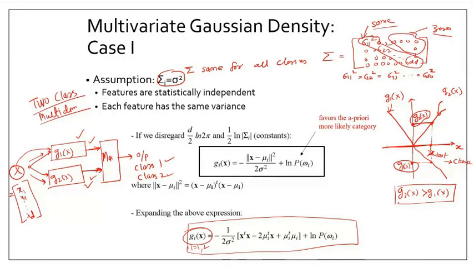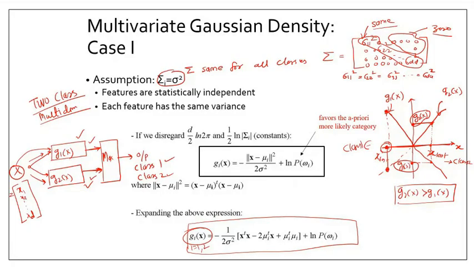Now suppose you have another input coming, x test dash, which is lying here. Then you will see that now g_1(x) has more value than g_2(x). So g_2(x) will be this much, this is on the negative side, and g_1(x) is now positive. So in this case, g_1(x) is the winner, and this particular input belongs to class 1.